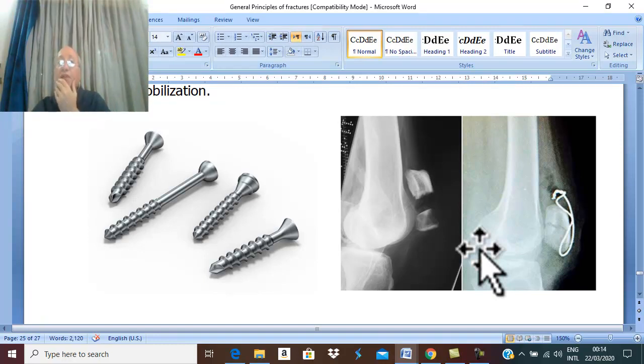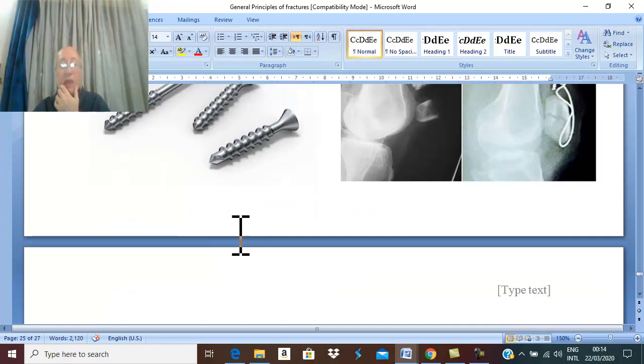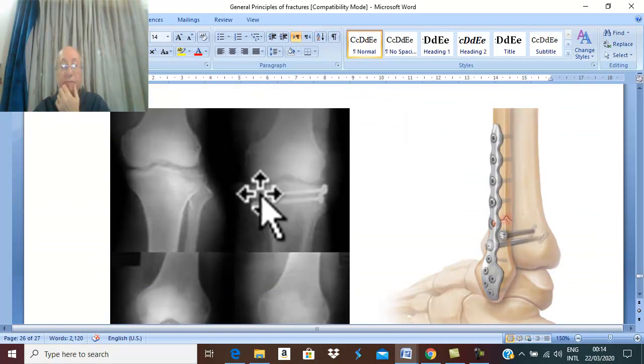What are the methods of internal fixation? First of all, wire suturing, like this. In fracture patella, we fix the two bones of the fracture patella by wire suturing. Or screws, like this. Internal fixation by screws, especially for oblique fracture.